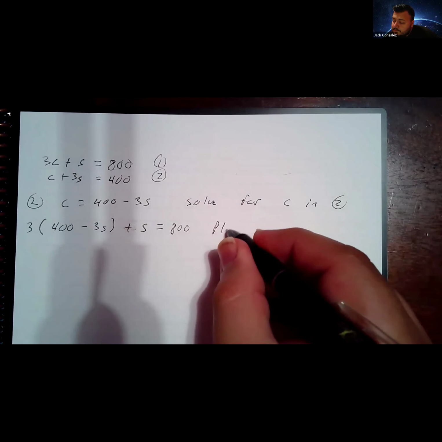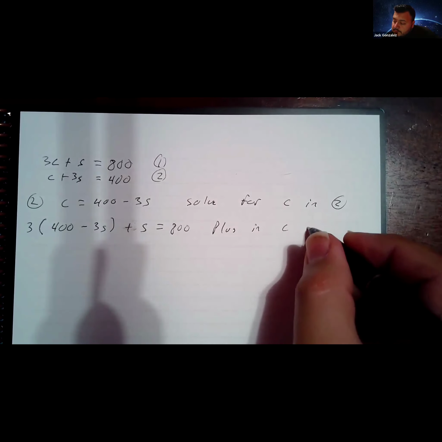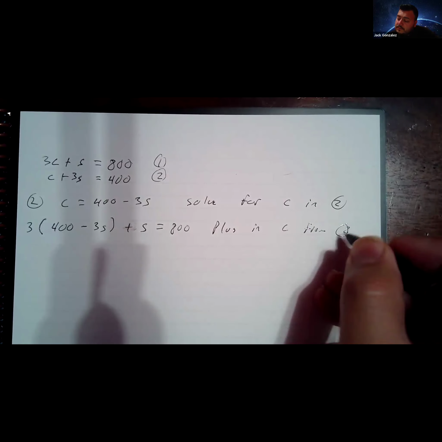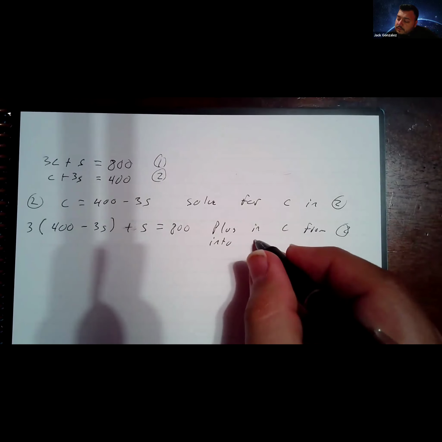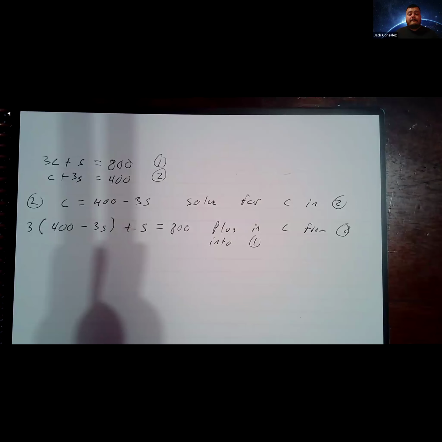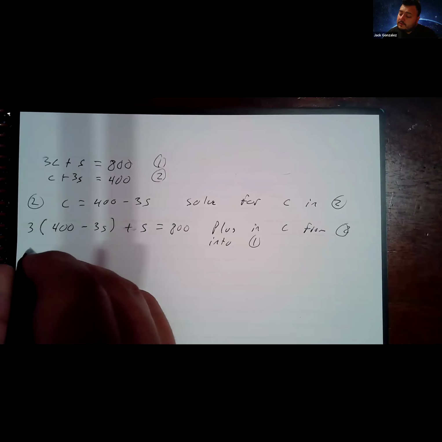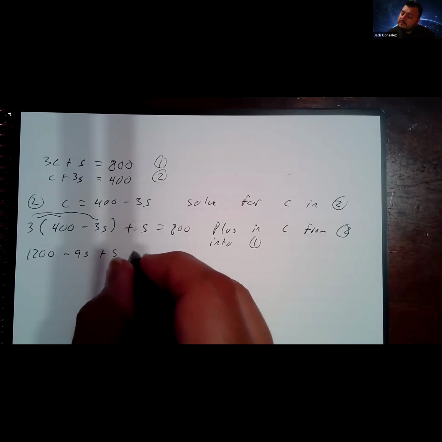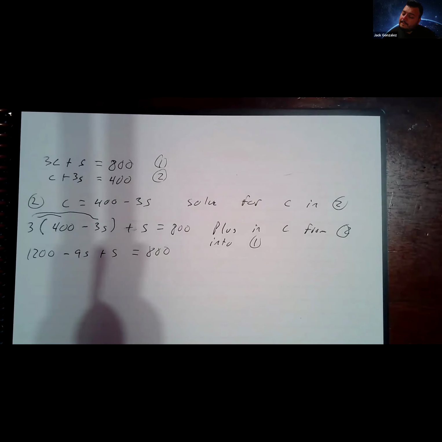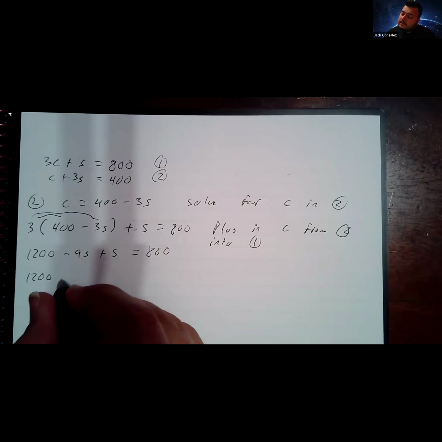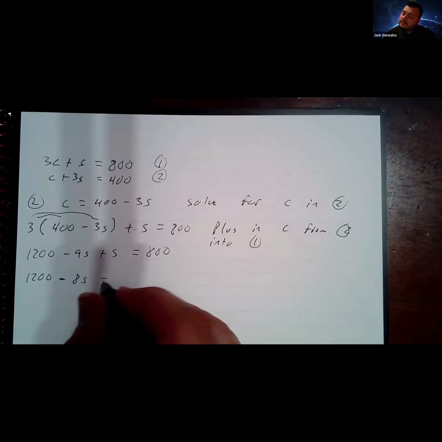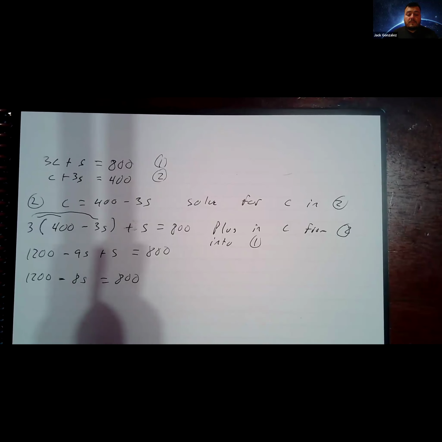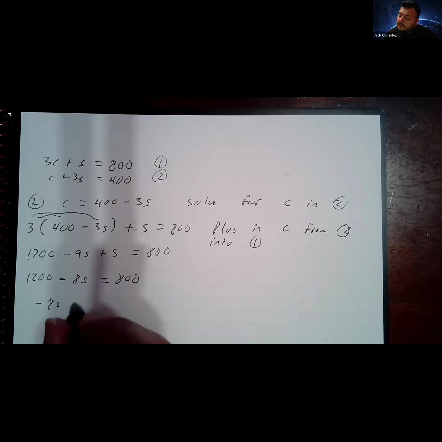So plug in C from 2 into equation 1. So we distribute your 3, we get 1200 minus 9S plus S. That'll be negative 8S equal to 800. Subtract 1200 over, and we will get what?